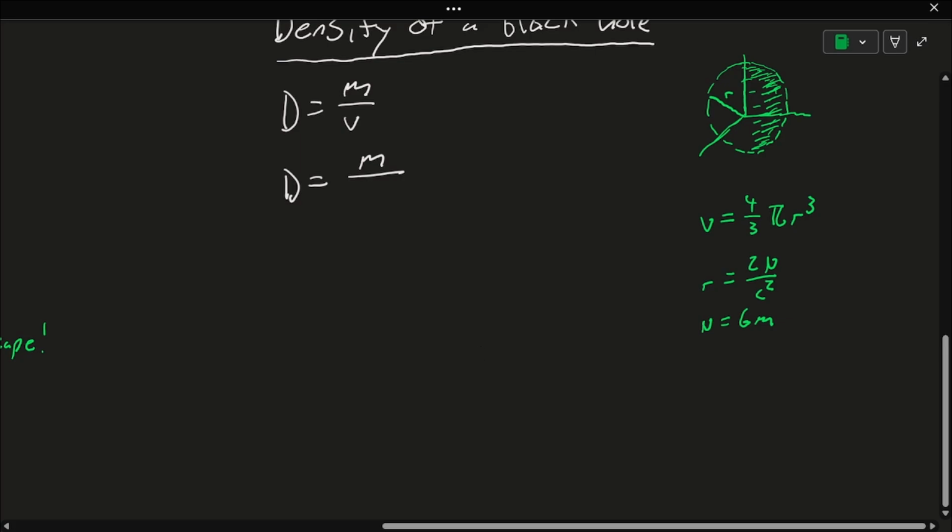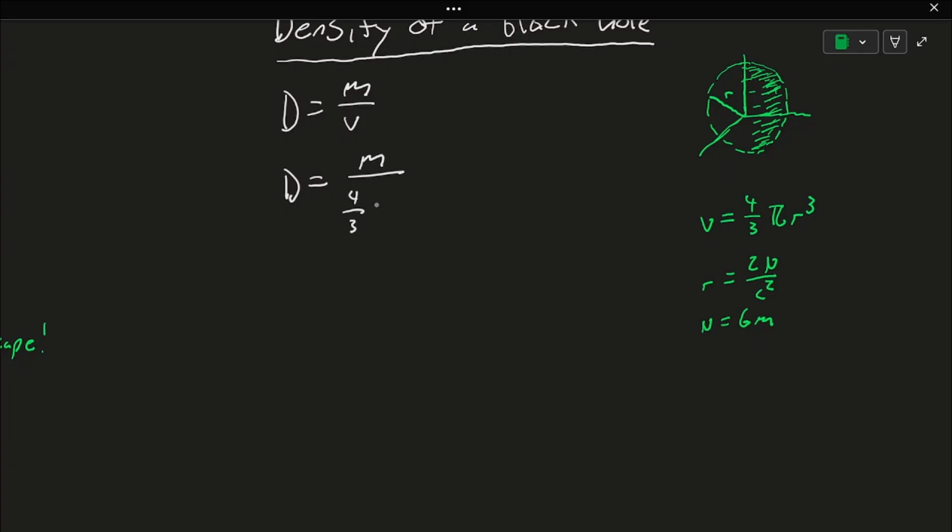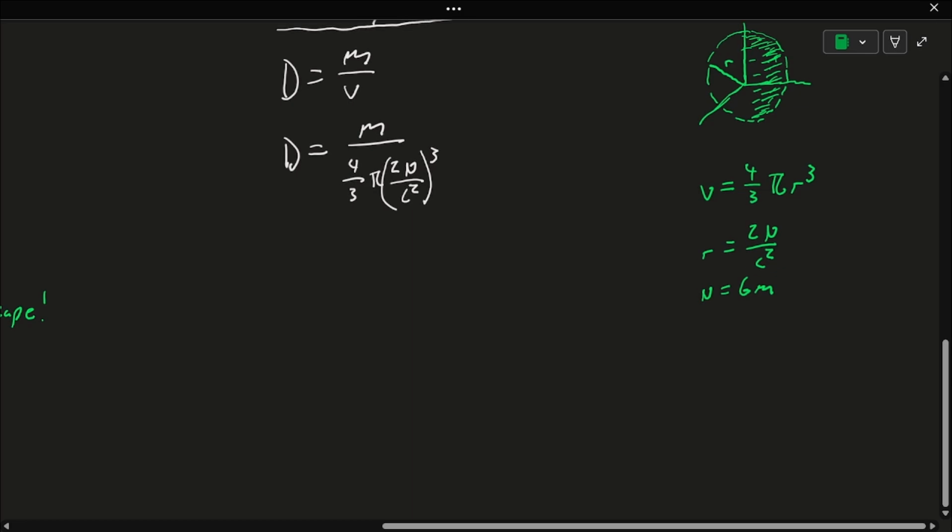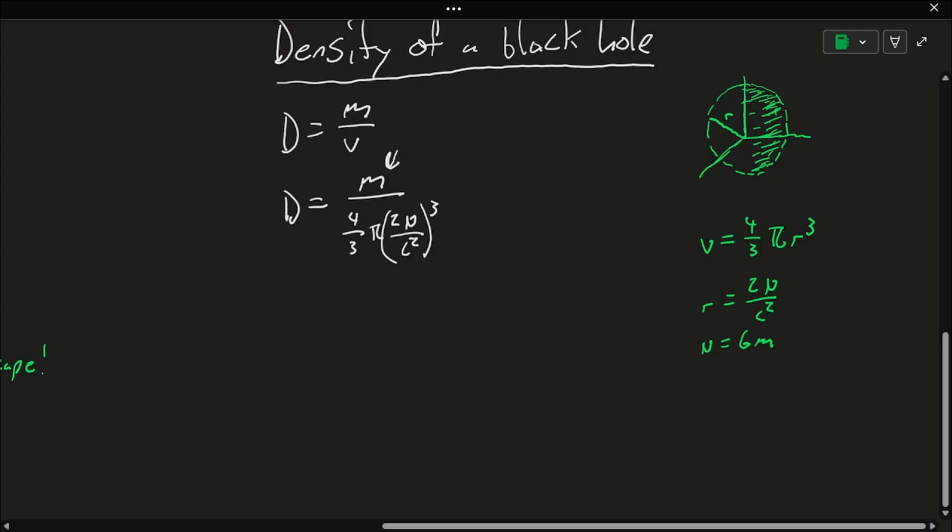But we know our volume is equal to 4/3 pi r cubed, but plugging in this definition for r, we get 2 mu divided by c squared, cubed. Now, what's kind of cool is because mu equals GM, we can actually pull one of these out, because ideally we want to get rid of this mass.